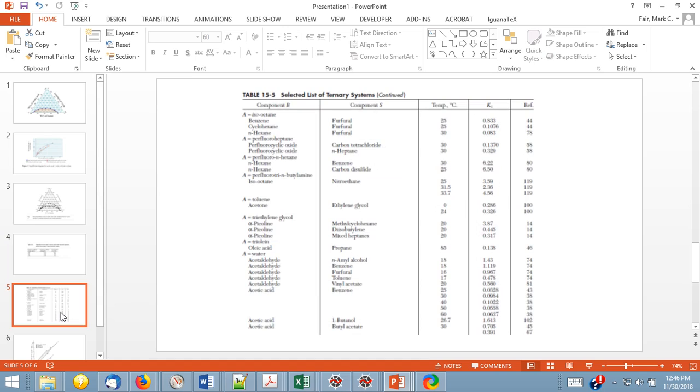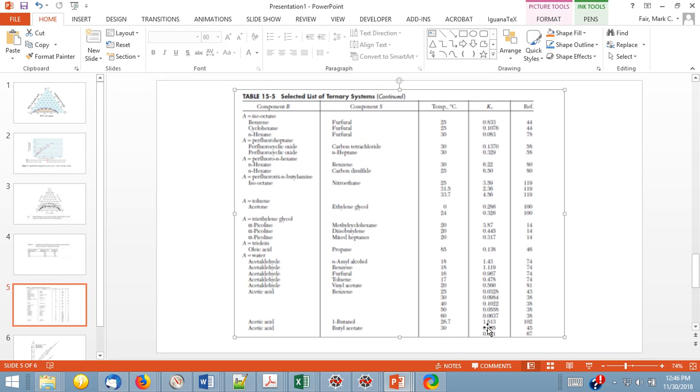Here's a section out of Perry's Handbook that they picked and chose. You can see down here acetic acid, 1-butanol. What you don't see is that all these are with water; that's further up in the table. I just picked out a portion of it. And there's our 26.7, which is the temperature here, and there's that 1.613 that they were using for it.